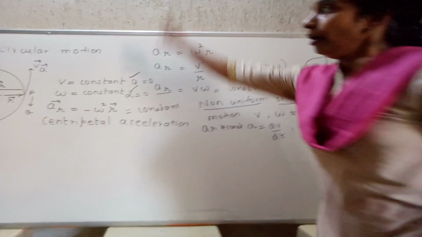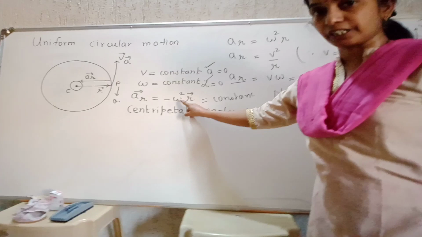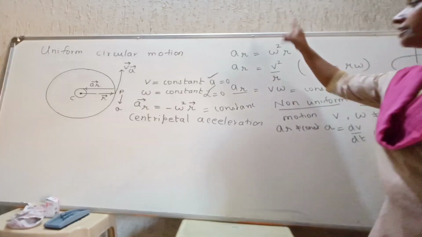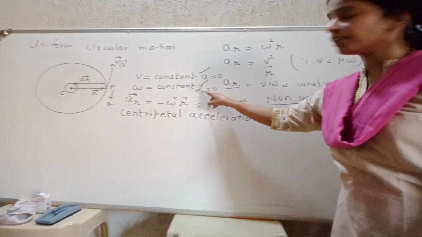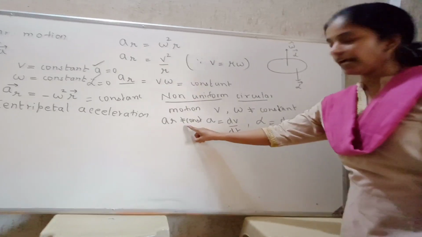So what have you learned here? Concentrate. UCM: V constant, omega constant, AR constant. AR is radial acceleration. No A, no alpha, no acceleration, no angular acceleration. Non-uniform circular motion: V and omega not constant, AR not constant.